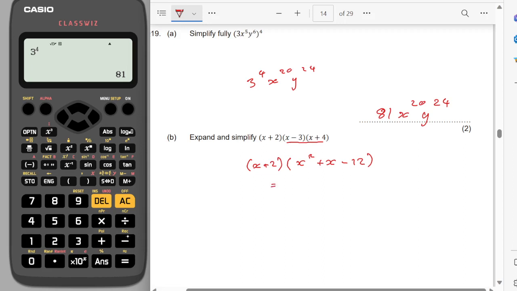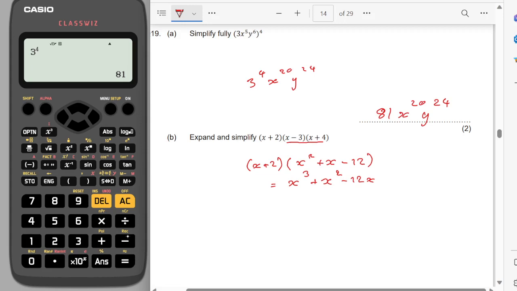When I multiply this out, what I'm going to do is line things up. So x times by x squared is going to be x cubed. x times by x is going to be x squared. Sorry, x cubed. Let's make sure we've got that written properly. And then x times by minus 12 is going to be minus 12x. Then I'm going to do this as a second line where I'm timesing by 2. So I'm timesing each of these by 2, and I'm going to line them up by powers.